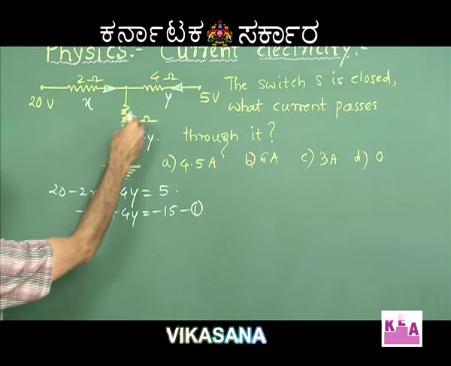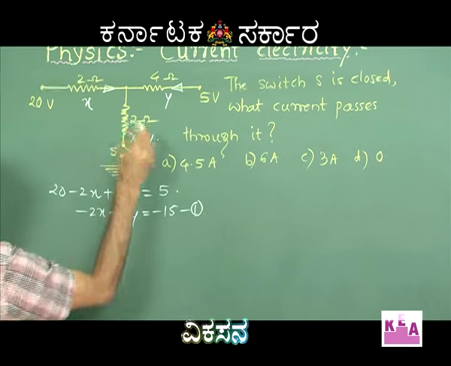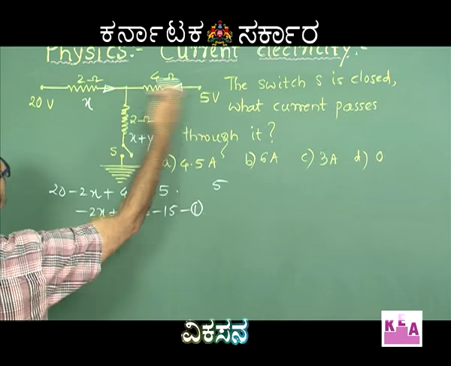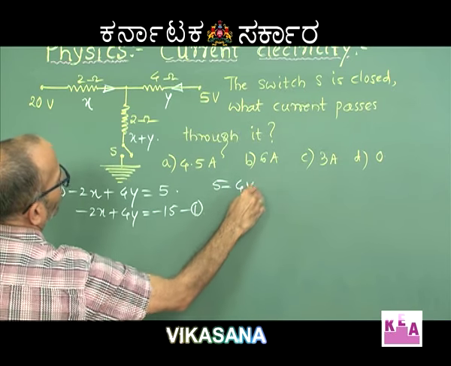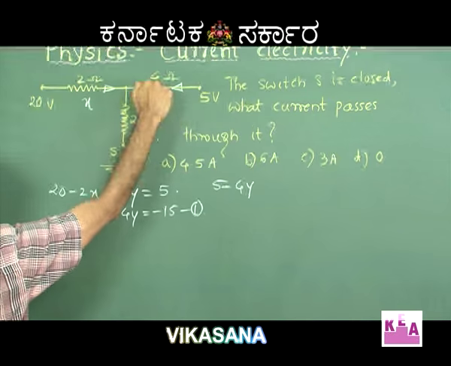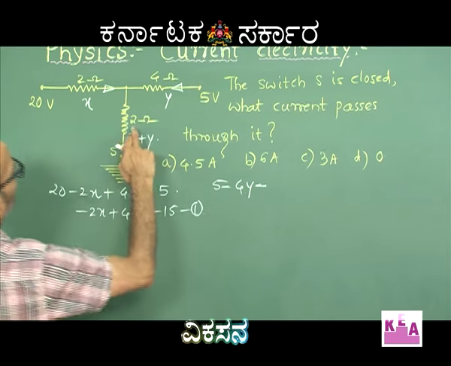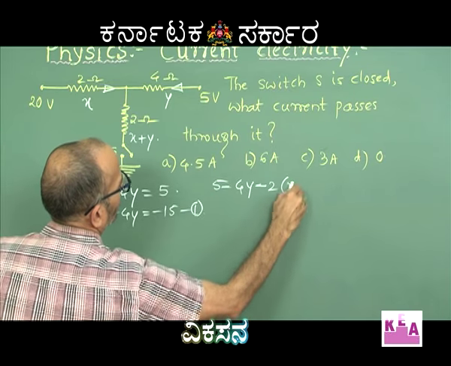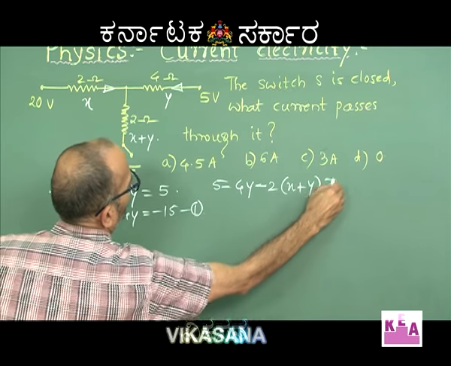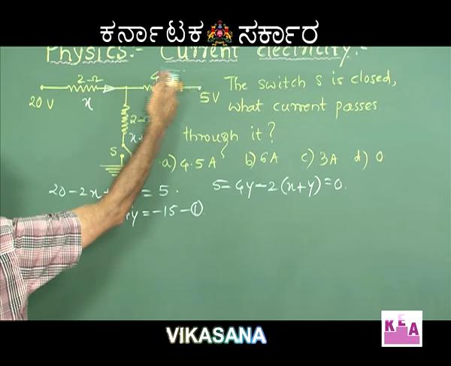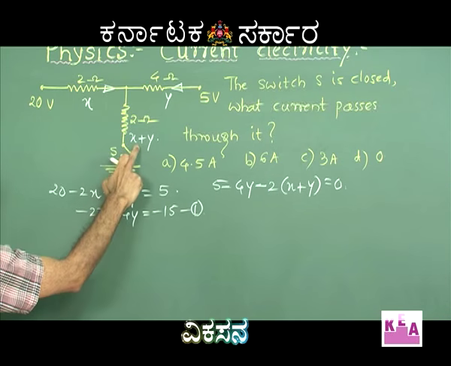Now, if you just move from here till here, you get 5 minus 4y, in the direction of the current, minus 2 into x plus y equal to 0. See, here also you have travelled in the direction of the current, and here also you have travelled in the direction of the current.